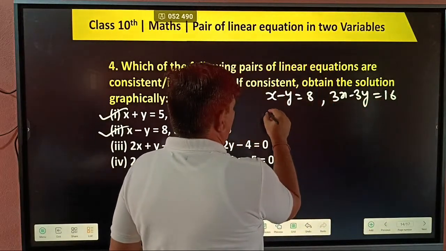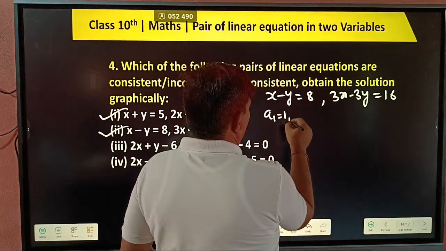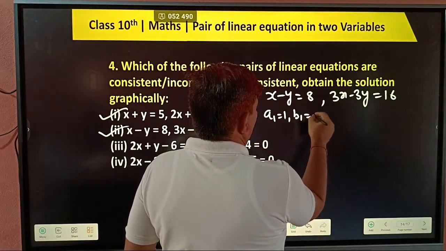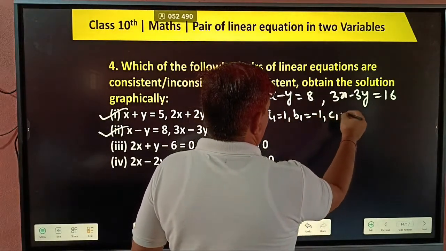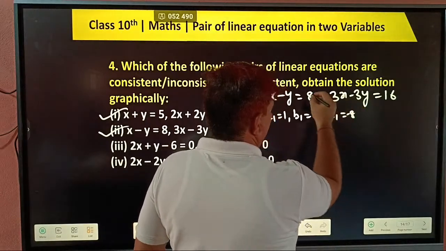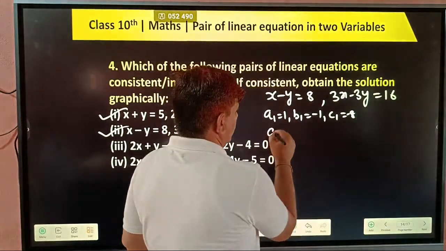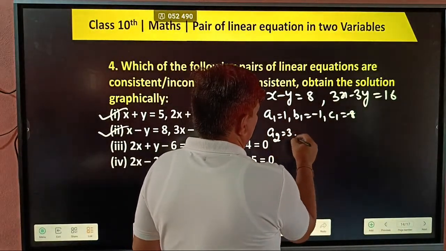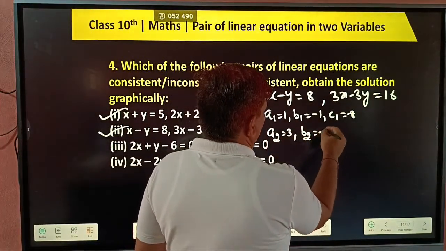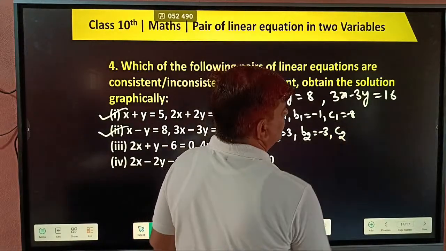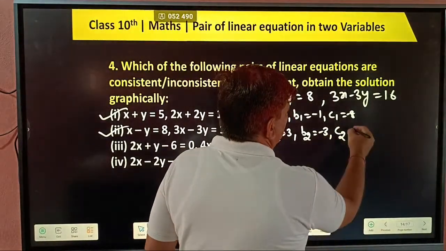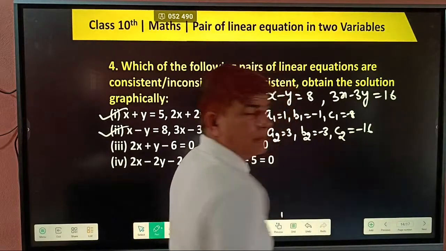What's your a1 here? 1. b1 is minus 1. c1 is minus 8, bringing it to this side, x minus y minus 8. a2 is 3, b2 is minus 3, c2 is minus 16.